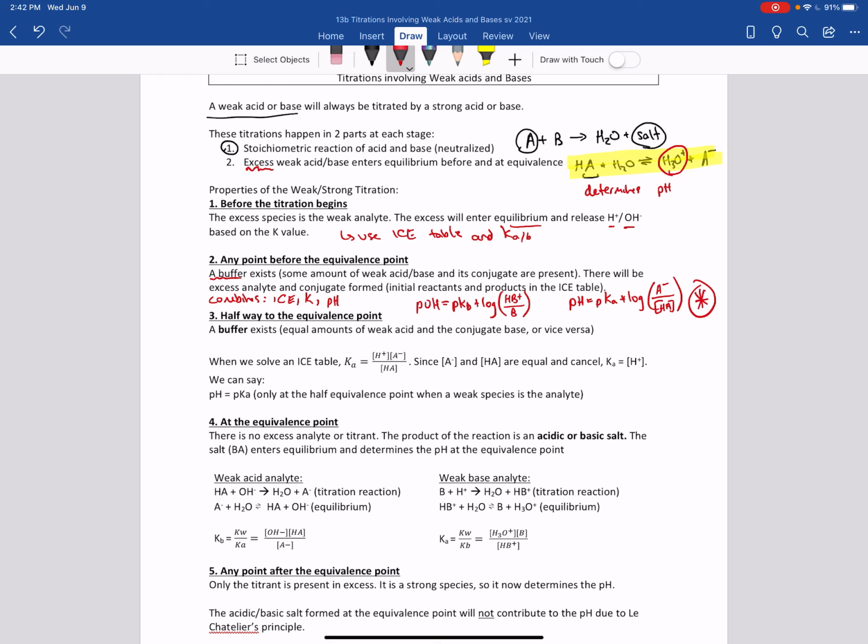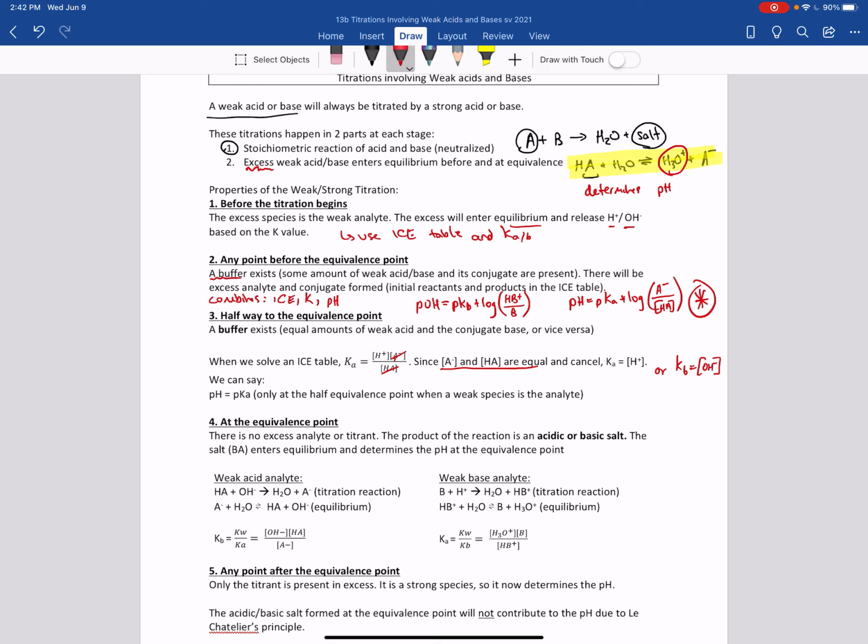At the halfway point to the equivalence point, the acid and its conjugate are in equal concentrations, and they cancel each other out. So by canceling out, the concentration of hydrogen is equal to the Ka value, or Kb will determine the hydroxide concentration.